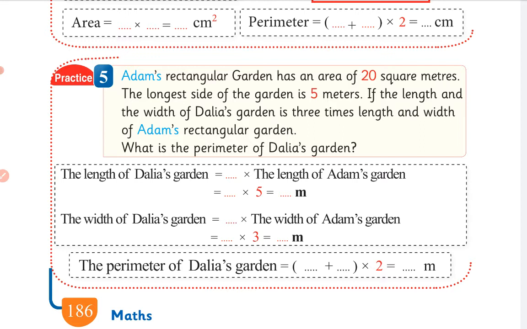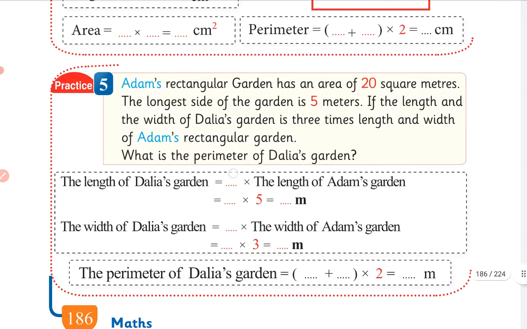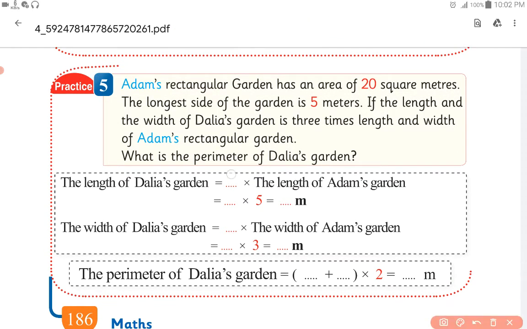Its length equal 5. تمام كده انا عارف ان length of Dahlia's garden هيكون كام؟ بيقول لي 3 times this length يبقى 3 times 5. 3 times 5 it will be 15.